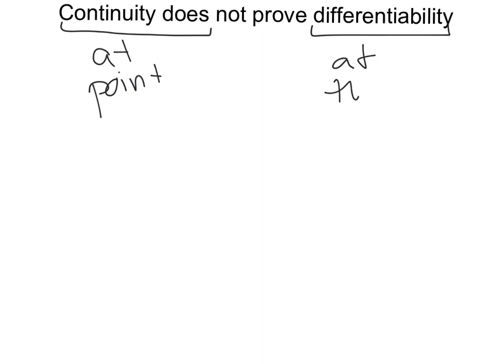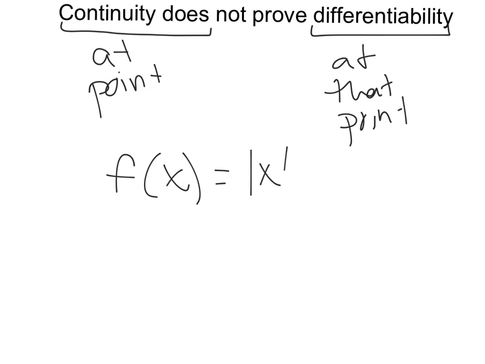Here we input. So that's our very first super important thing we just proved. Just because a function is continuous at a point, so continuity at a point, does not prove that it's differentiable at that point. Because we just showed that our function, the absolute value of x, is continuous at 0.